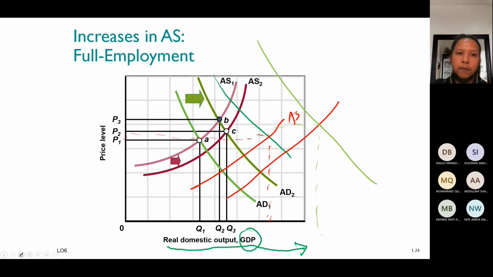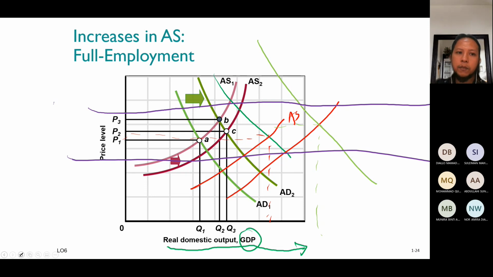You can do that by targeting a price level, so as long as the price does not go over, for example, the price maximum and not lower than the price minimum, and AD and AS, the equilibrium is within this maximum and minimum, and they progress to the right, it should be a good trajectory for the GDP of the country.